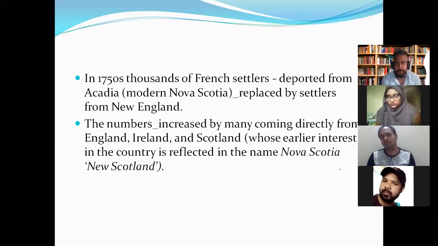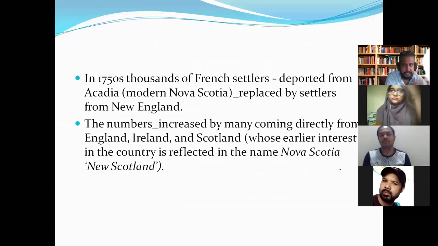So when the British won the fight against France, and also defeated the Indians, many people who had been living in Nova Scotia were driven away from this state. And the English settlers took their place in Nova Scotia. Does it make sense?